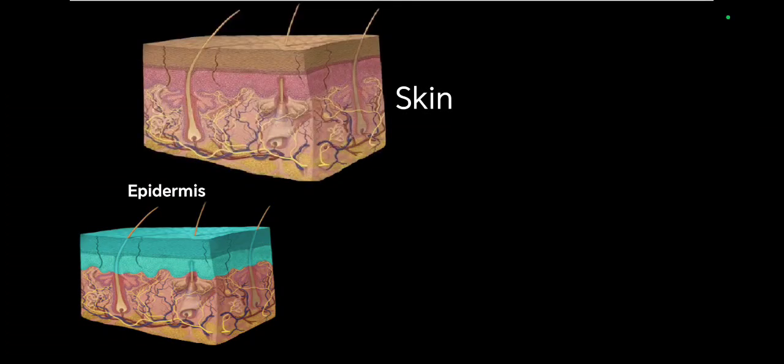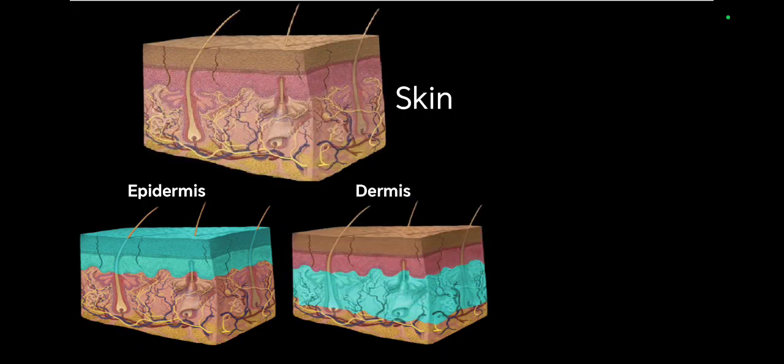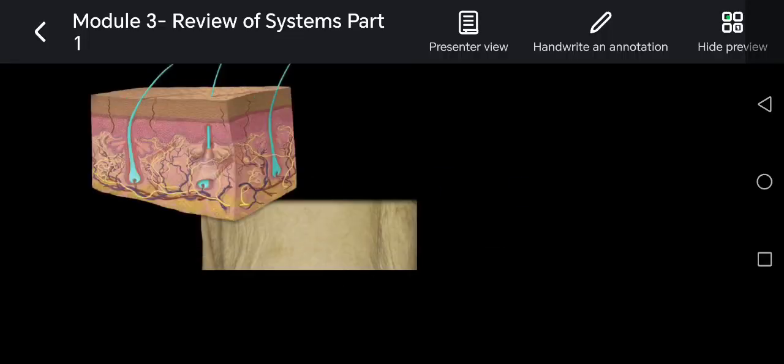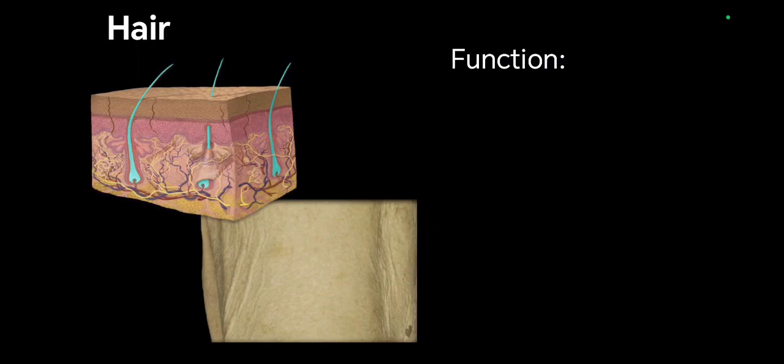So again, this is the dermis, the green one, and then the epidermis, the dermis, and your hypodermis.